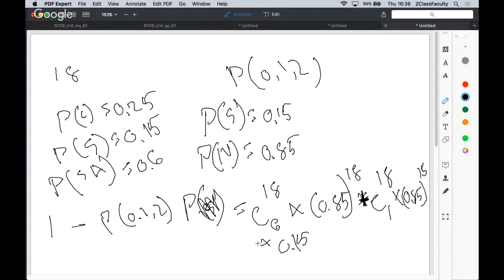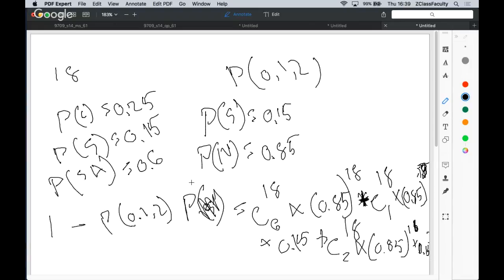That's right. Times 0.85 to the power of 15, and then again plus 18 choose 2 times bracket 0.85, so 18, 17, 16, times 0.15 to the power of 2.